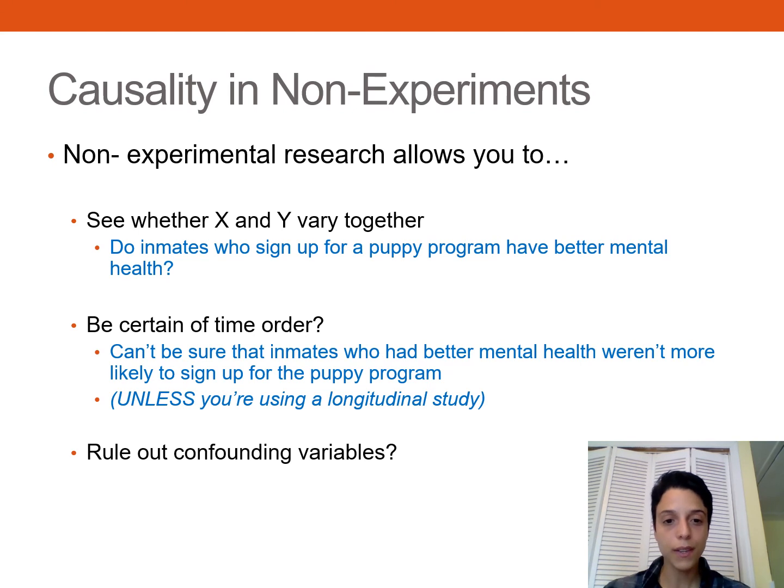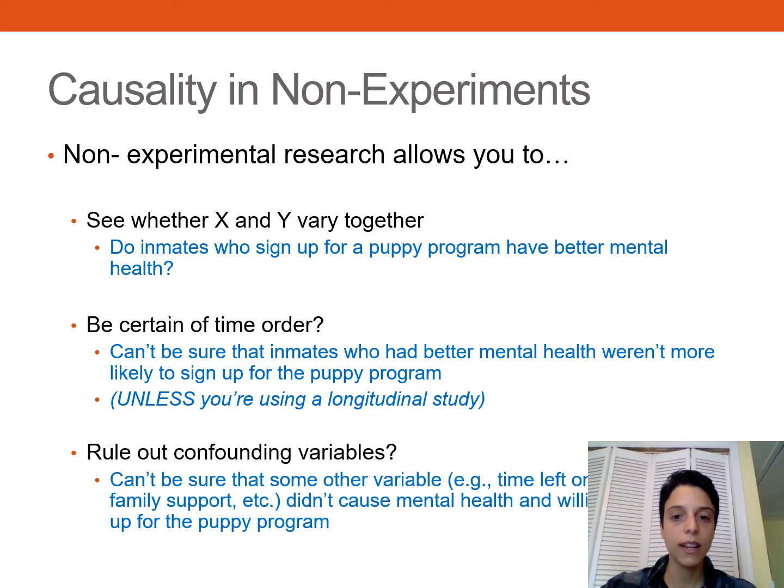And finally, with our third criteria here, we also can't rule out confounding variables if we're looking at non-experimental research. In other words, you can't be sure that some other variable didn't cause both an increase in mental health and a willingness to sign up for the puppy program. It may be that inmates who have more family support or support outside of the prison are more likely to have better mental health, and they're also more likely to be interested in engaging in some sort of program like this.